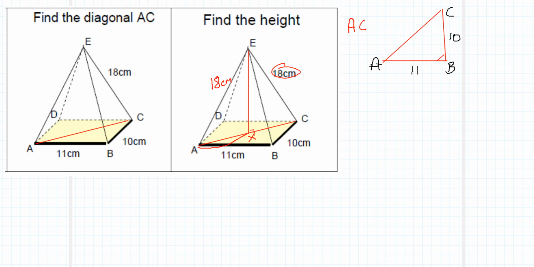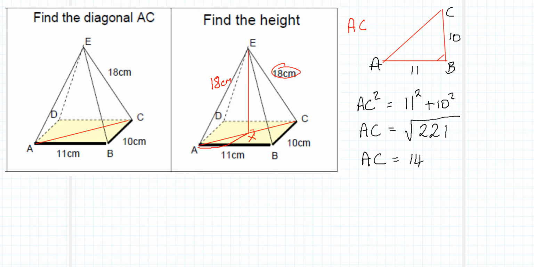When we work through our working here, we get that AC squared is equal to 11 squared plus 10 squared. We're using the plus version of this particular formula because we're looking for the hypotenuse. So AC squared is equal to 221, because that's 11 squared plus 10 squared, which means AC is equal to 14.87 centimeters.